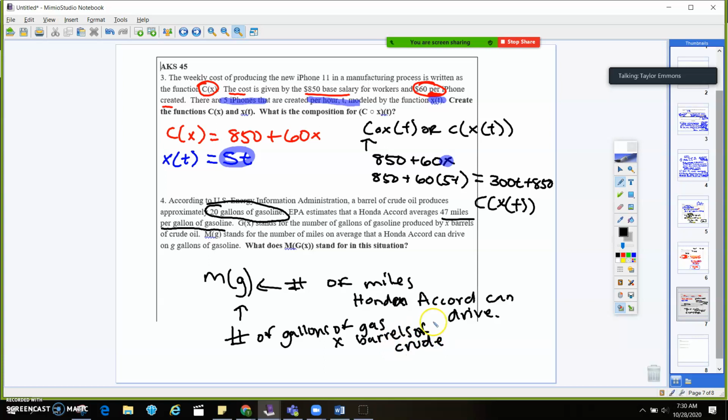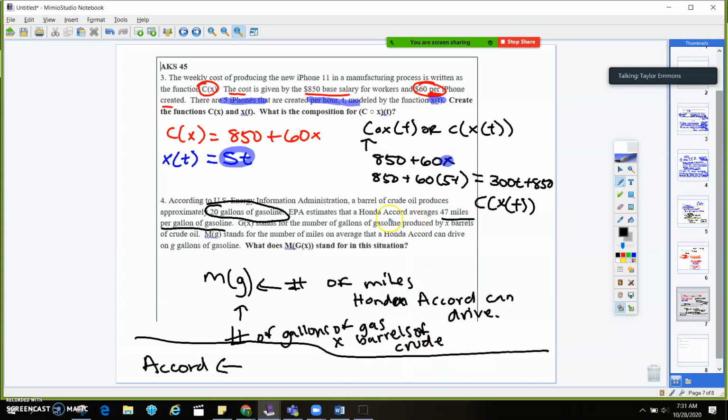So what's happening is we're taking a Honda Accord, right? Bear with me on this because it does take a lot of thought. We're saying, okay, how many miles are going to be in the number of gallons of gas of x barrels of crude?